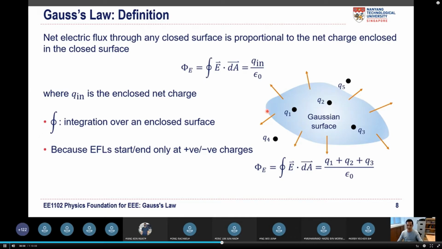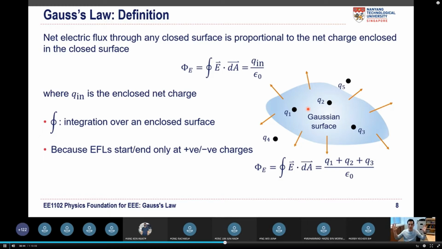But then what this says is that if I calculate the total net flux, it could be negative or positive. If my net flux is negative, what does that mean? That means there are more arrows going into the closed surface than coming out of the surface, because coming out of the surface we defined to be positive, and going into the surface we defined to be negative.